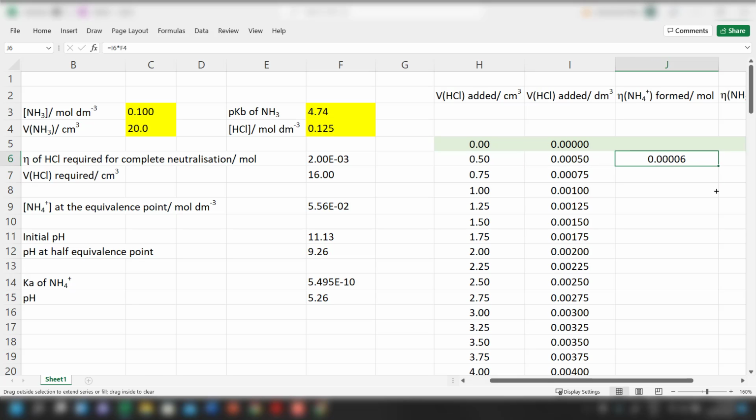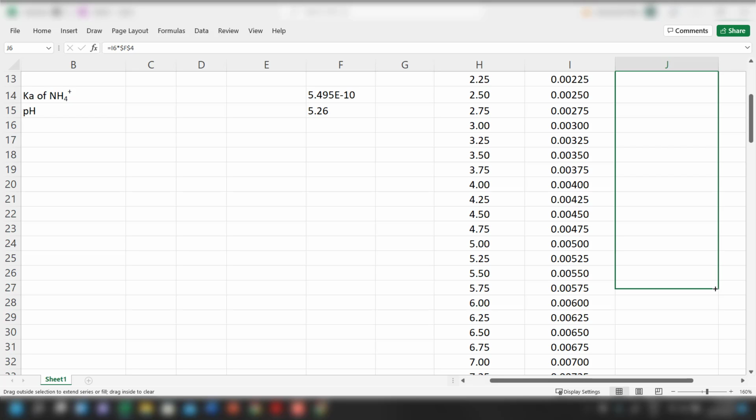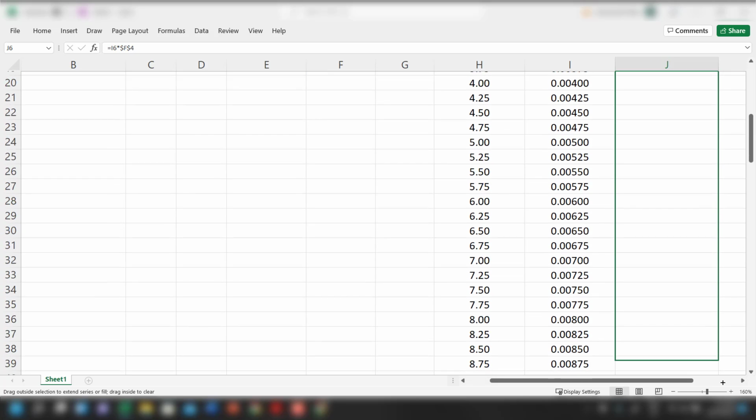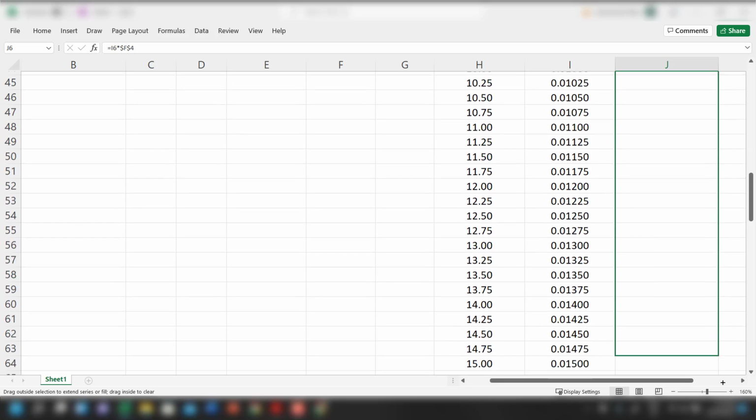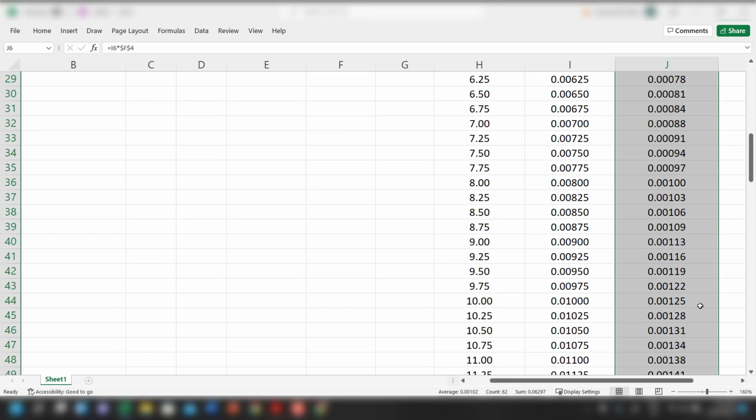But I can't simply just drag down like this, because the whole thing will be messed up, because the cell F4, in this case the concentration of HCl, is fixed. So I'm going to put in the $ sign to tell us that it's fixed, and then I'm just going to drag it all the way down. But I'm not going to drag it all the way down to beyond the equivalence point, until slightly before the equivalence point. That's 15.75. Yeah, that will make perfect sense.